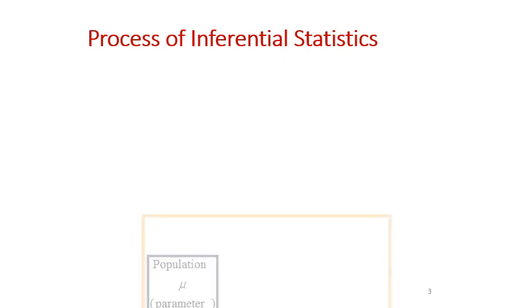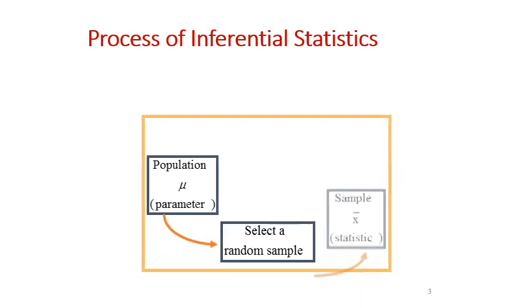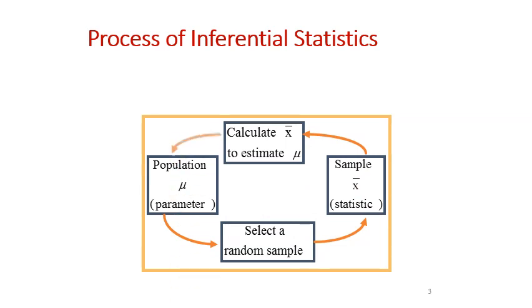Now recall that the main target of this course is related to the process of inferential statistics. And in inferential statistics, my main target is the population parameter. The population parameter, as we studied before, is some measure computed from the whole population.